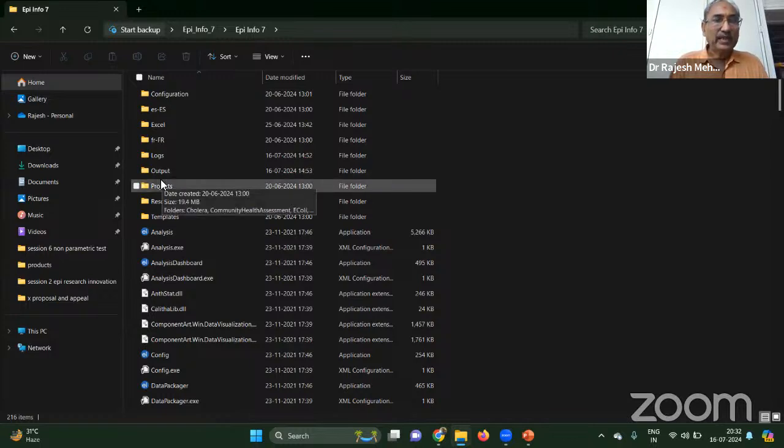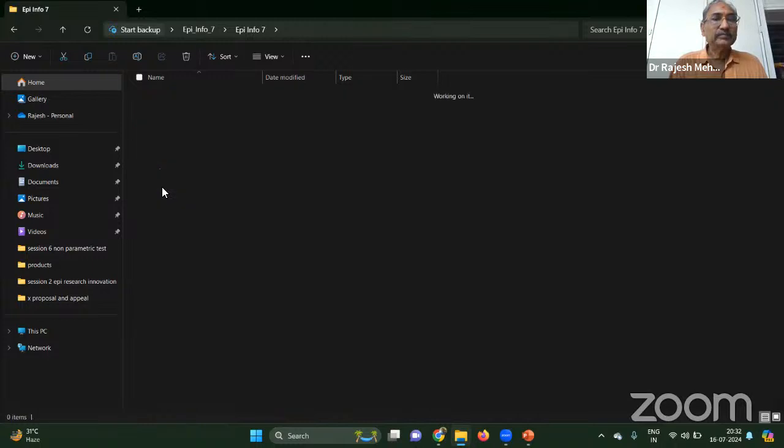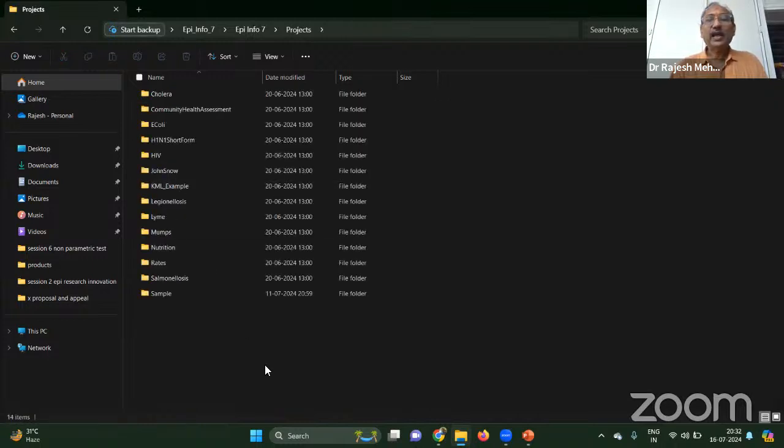Here you should be looking at projects. Now in Epi Info, it uses various languages. When we say a database, there can be so many files, so many tables within that. Suppose you have a project to control diabetes.